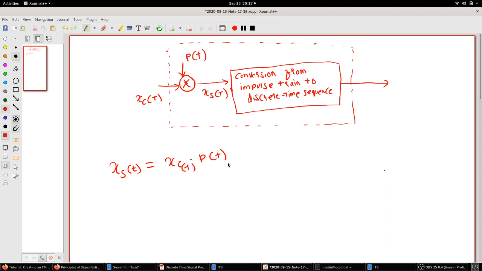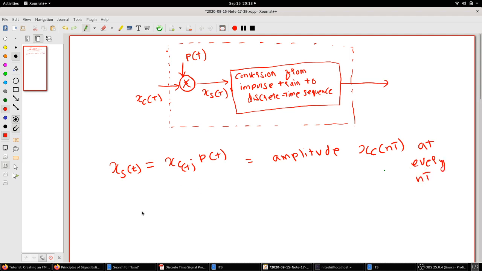Now here this xs of t is again an impulse train of varying amplitudes. The amplitudes resemble xc of nt. So the amplitude here of xc of t is xc of nt, and the time instances are at every nT time interval.